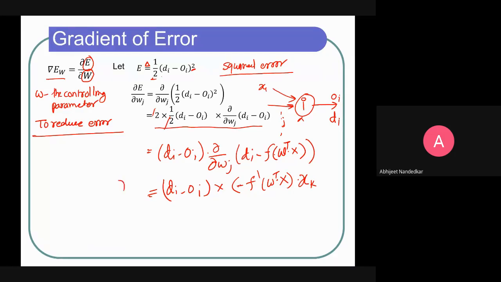So this is the change in the error with respect to Wj.